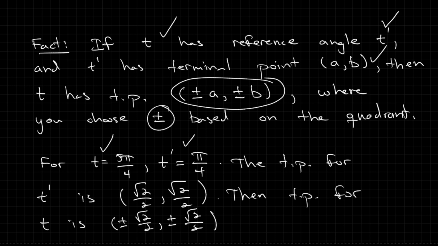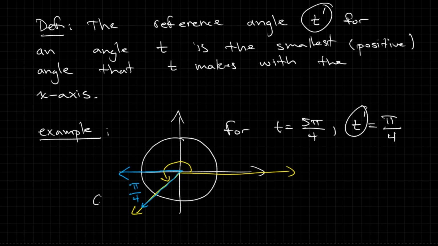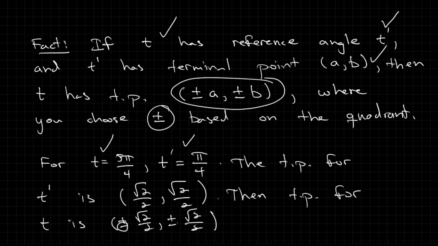Now 5 pi over 4 is in quadrant 3, and in quadrant 3, both the x-coordinate and the y-coordinate are negative. And so you would select negative for both of these, and you could conclude using this reference number fact that the terminal point for 5 pi over 4 is negative root 2 over 2, negative root 2 over 2.